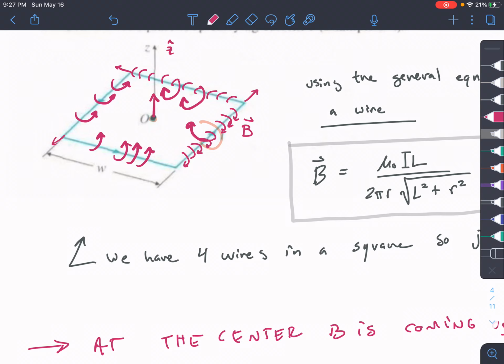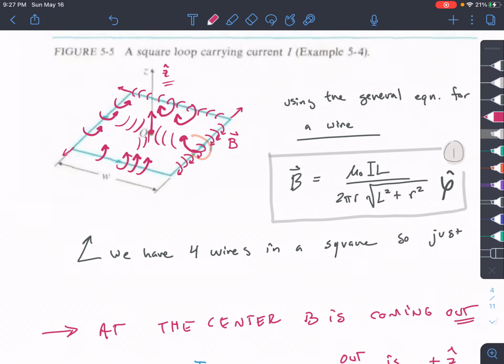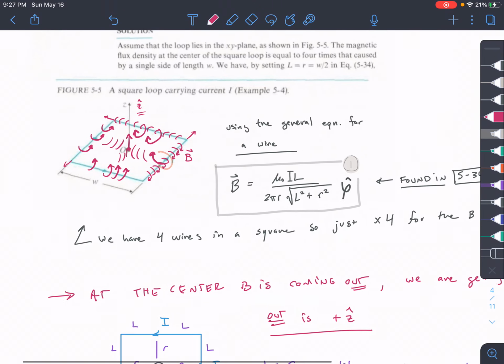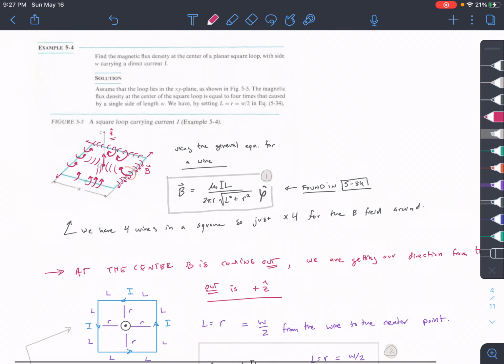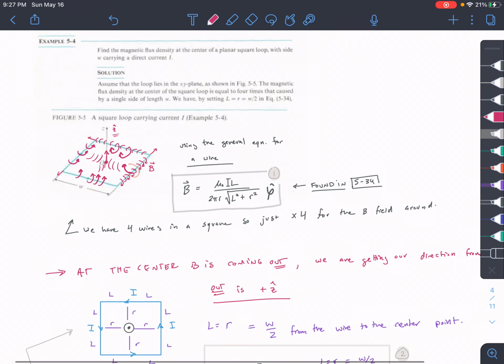Even as we zoom out, these B fields are kind of radiating out, and the sum of them radiating out to the middle is going to be equal to this vertical Z. So at this point, the field we're experiencing is going to be in the positive Z hat direction. So hopefully that makes sense, even though my drawing's not really the best here. I will show it again in a couple of problems later on, so maybe more examples will help it click if it doesn't make sense to you right away.